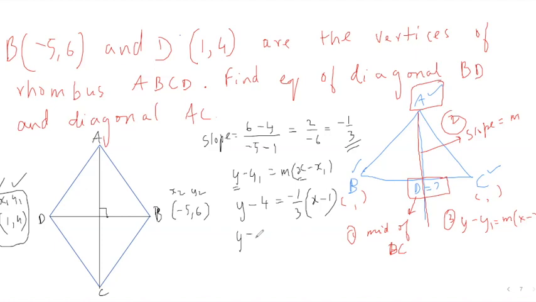Okay, so y minus 4 is equal to minus 1/3 x plus 1/3. So y is equal to minus 1/3 x plus 1/3 plus 4. The plus 4 came from here. And I can simplify this as well. So y is equal to minus 1/3 x plus, I can multiply this by 3, right?